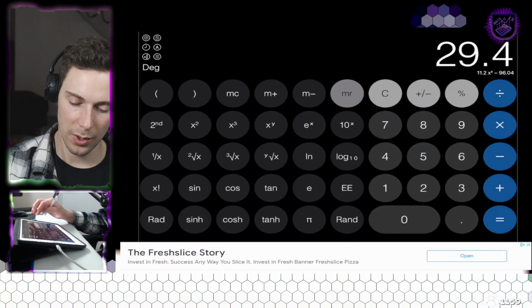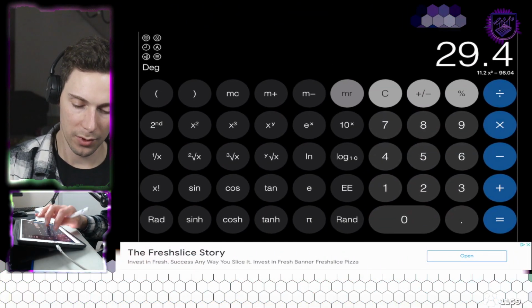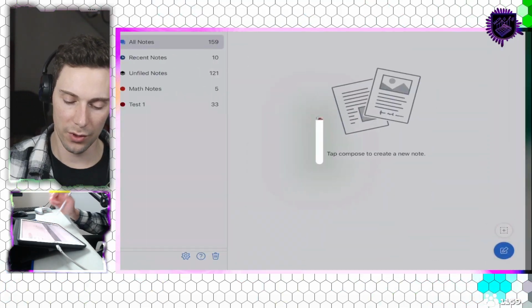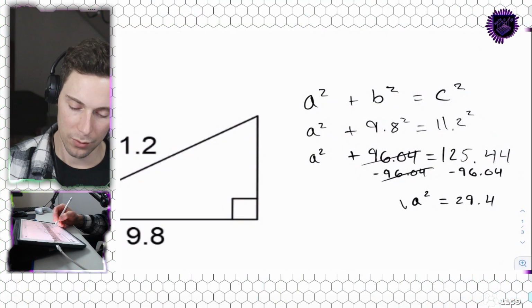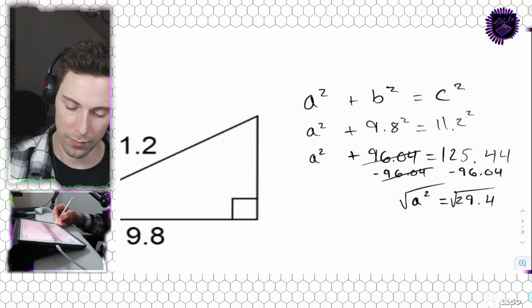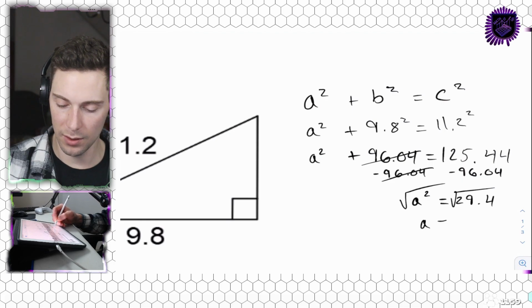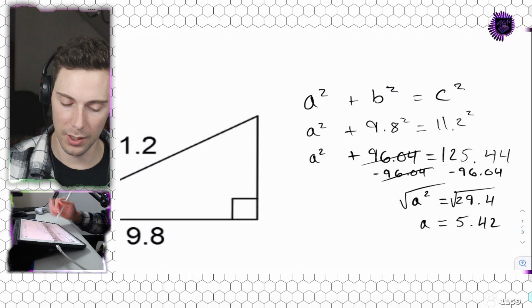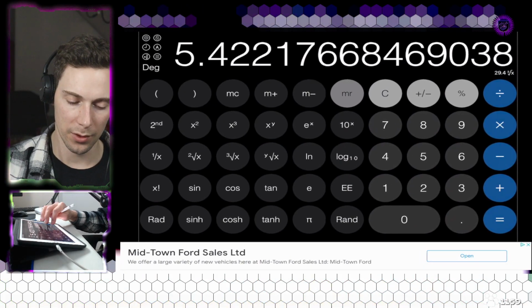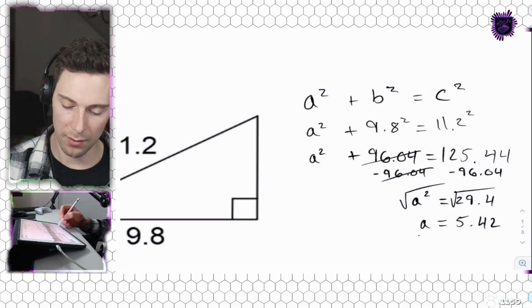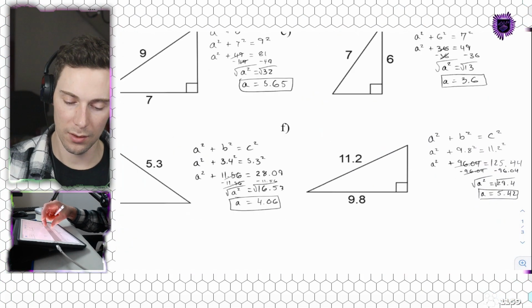We'll find the square root of that. 29.4 square root, 5.42. So A is equal to 5.42. That's it. That's our last question.